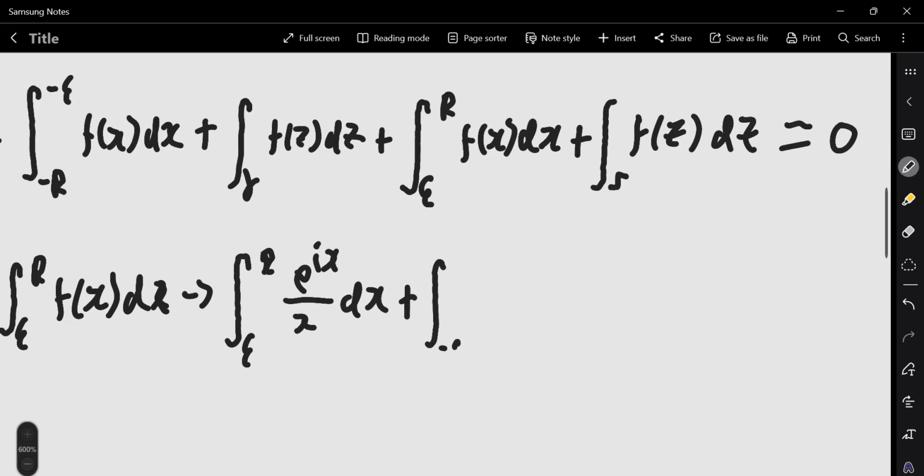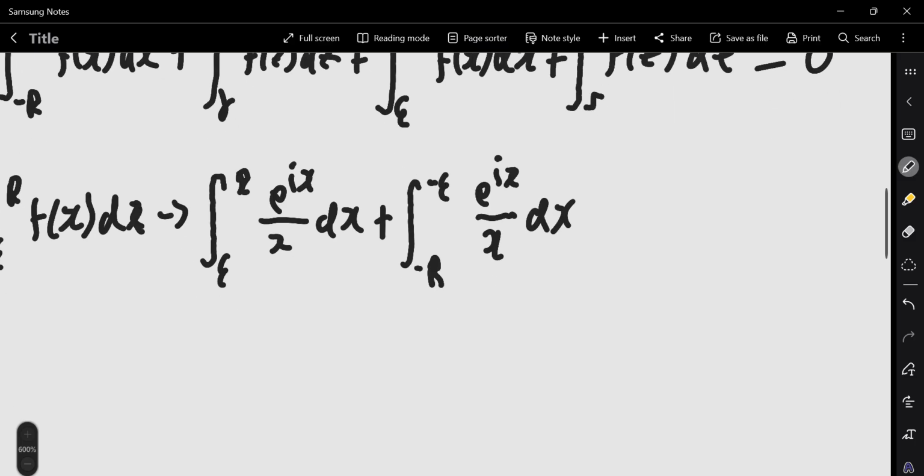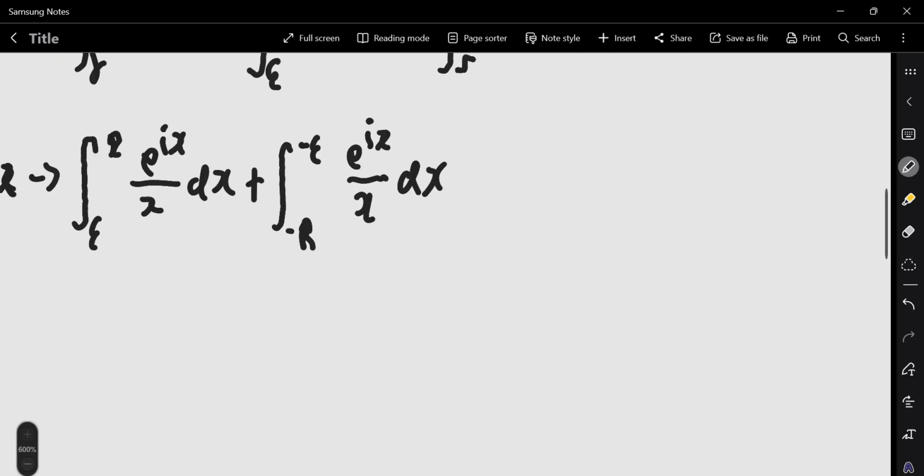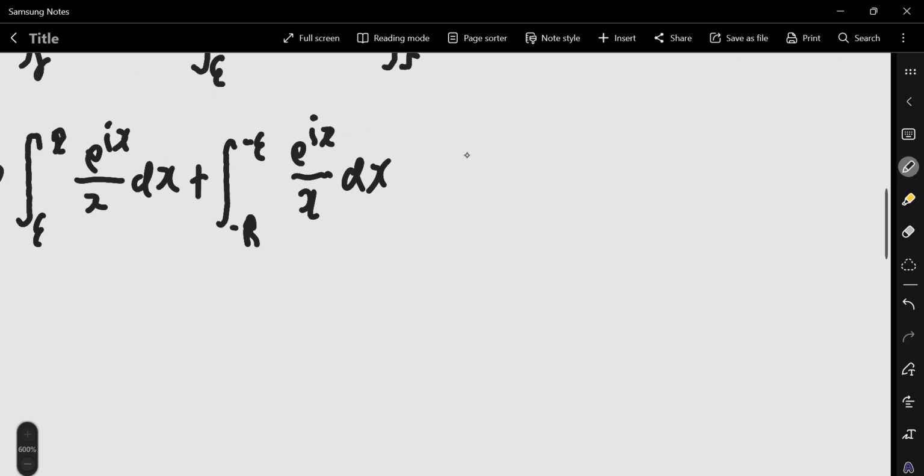Minus R to minus epsilon of e to the ix over x. Now, these are pretty much the same, right? The only difference is our bounds are flipped, and we got a minus. So we want to switch it up. So what we're going to do is we're going to say u equals minus x. Let u equal minus x.